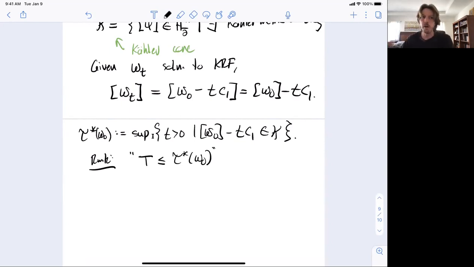Or in other words, the flow has to at least go singular by time tau star of omega naught. So is this okay?